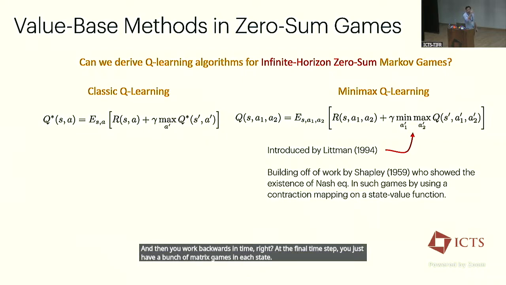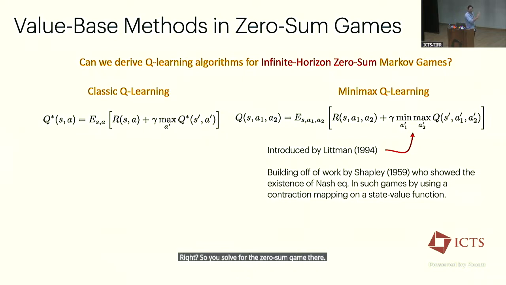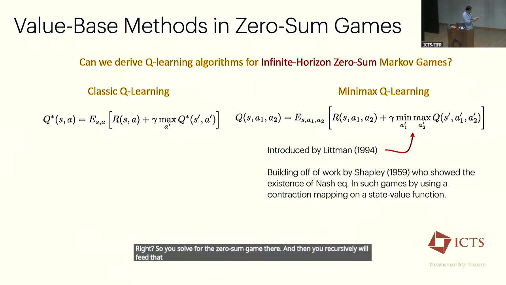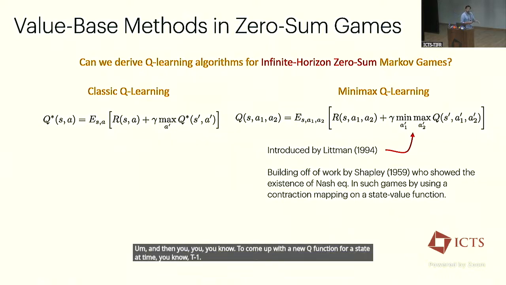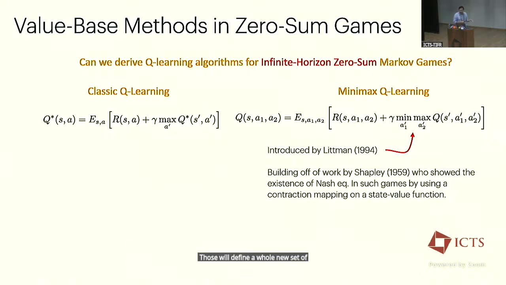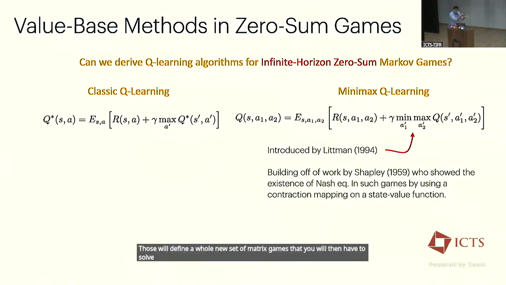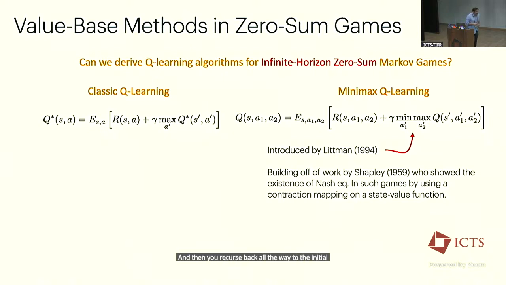You solve the zero-sum game there, and then recursively feed that value back in. To come up with a new Q function for the state at time t-1, those define a whole new set of matrix games that you then have to solve, and you recurse back all the way to the initial time. This is really just that thought process, but for an infinite horizon problem.